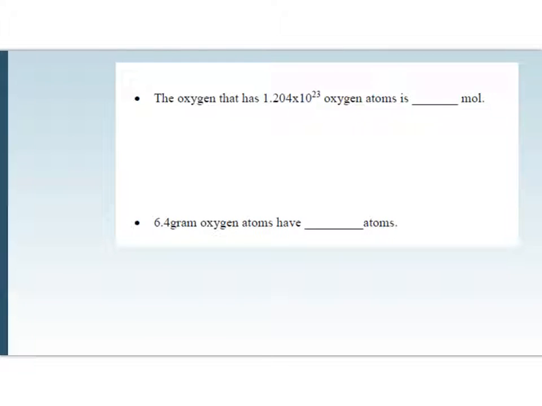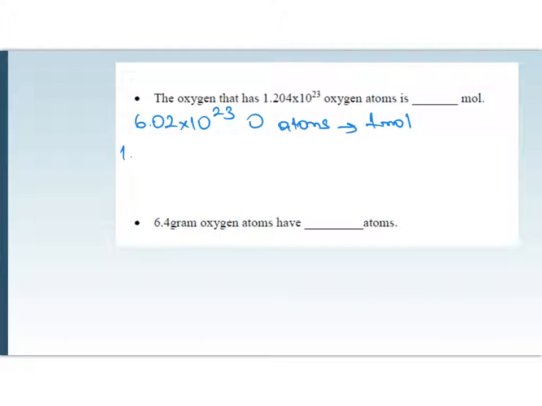Okay, this one. The oxygen that has this amount of oxygen atoms is how many moles? So if you have just a number like this one, please turn it into mole. 6.02 times 10 to the power of 23 oxygen atoms is 1 mole.